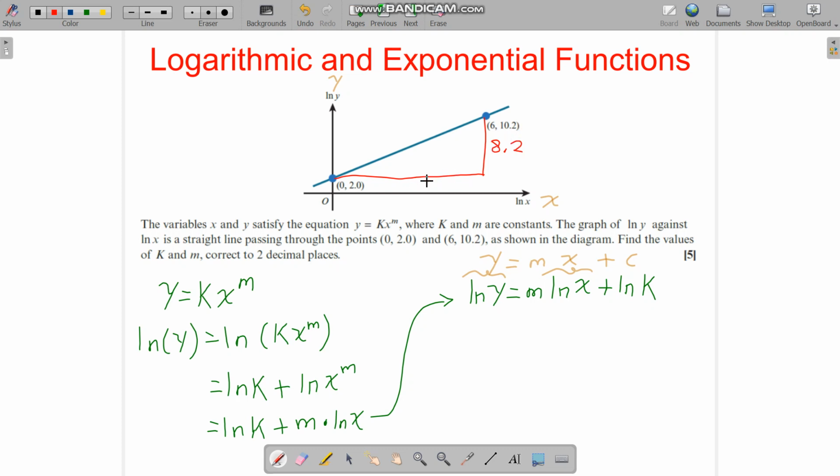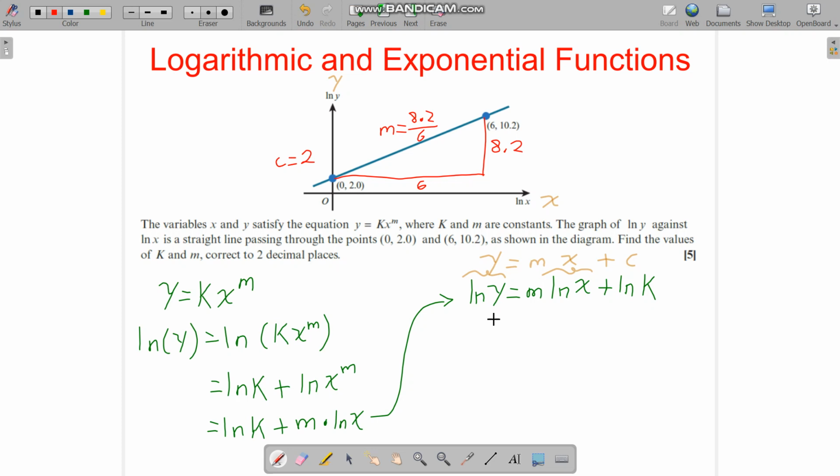The run is 6 minus 0, so it's 6, which means the gradient is 8.2 divided by 6. So we can find the m right away, and the ln K is actually the y-intercept, and the y-intercept here is simply 2.0, or just 2.